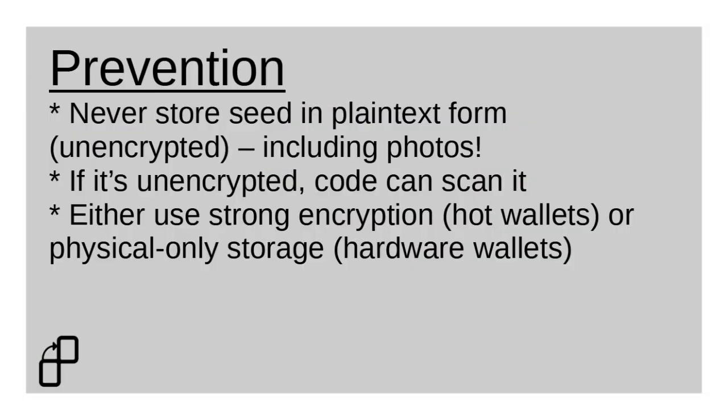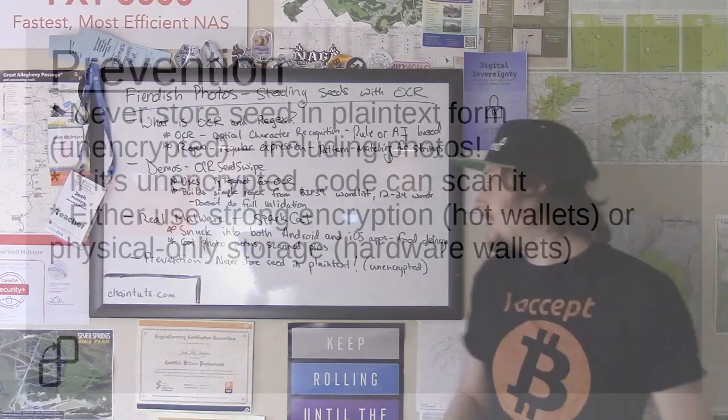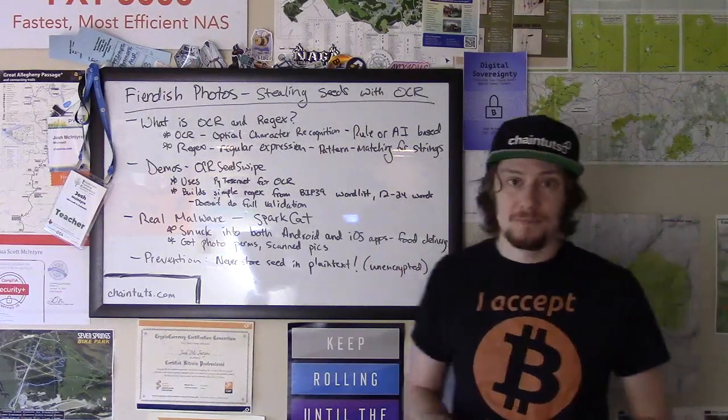Never ever store a cryptocurrency seed phrase on any machine, a phone or PC, in any plain text form. And when I say plain text, that does include images, because in this context, plain text means unencrypted.